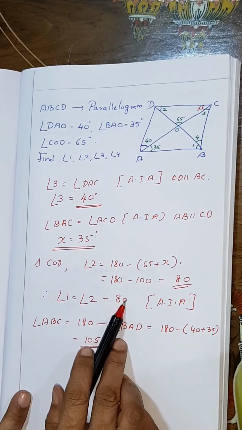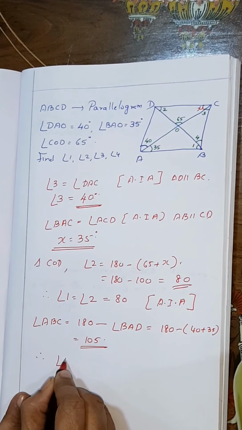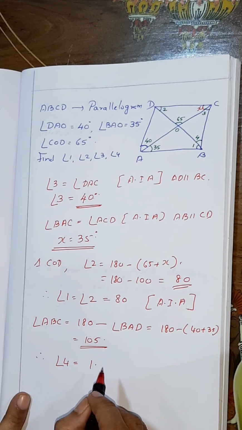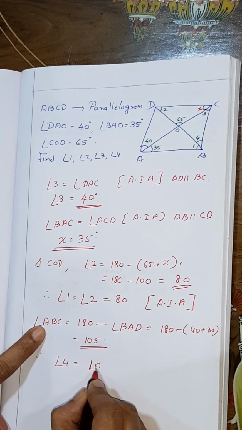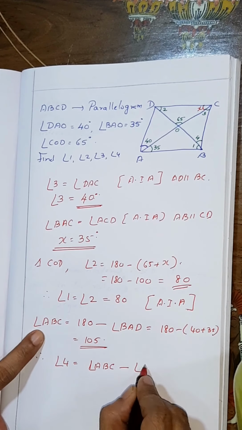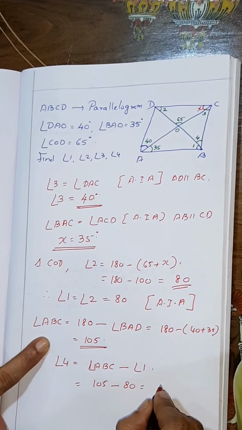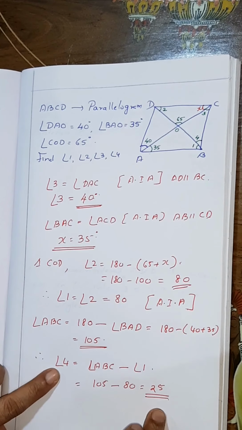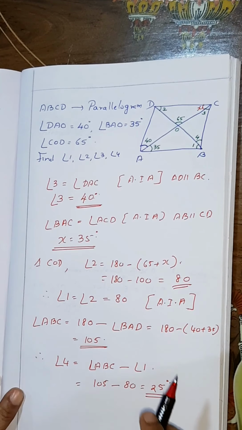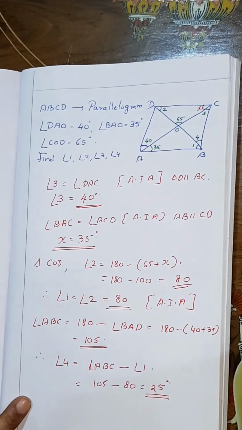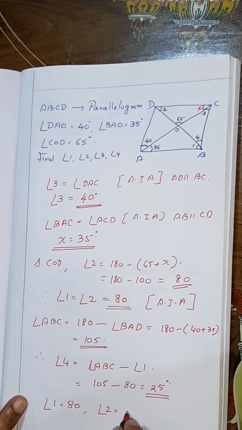Now, we know angle 1 is equal to 80. Therefore, angle 4 is equal to angle ABC minus angle 1. So, ABC is 105 minus 80. So, angle 4 is equal to 25 degrees. So, angle 1 is equal to 80, angle 2 is equal to 80, angle 3 is equal to 35 and angle 4 is equal to 25.